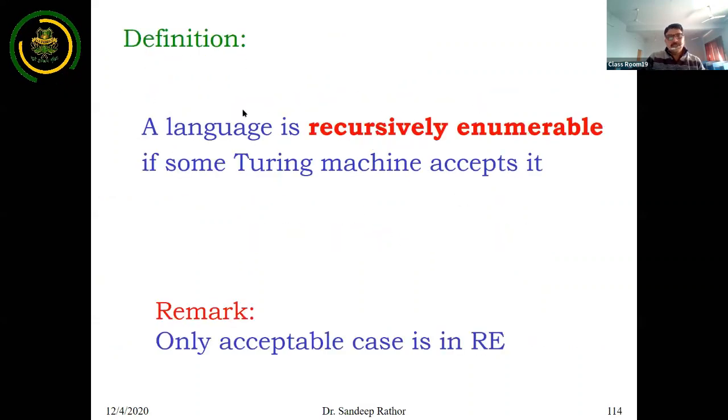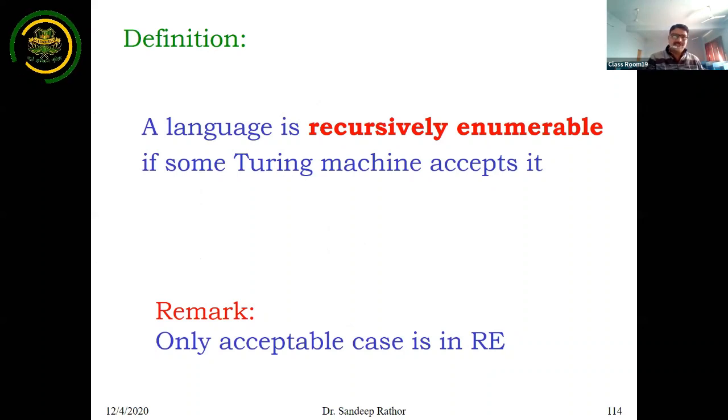Now, the more important point: the recursively enumerable languages. How can we say that a particular language is a recursively enumerable language, that is, an RE language? A language is called recursively enumerable if some Turing machine accepts it.